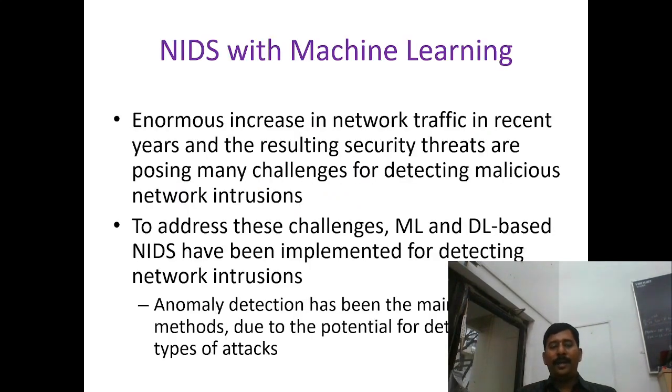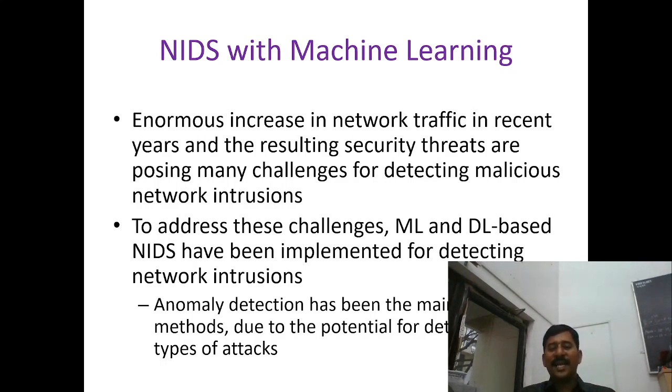Now, network intrusion detection system with machine learning. We know that nowadays there is an enormous increase in network traffic in recent years, and the resulting security threats are posing many challenges for detecting malicious network intrusions.